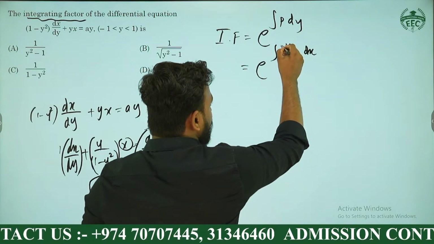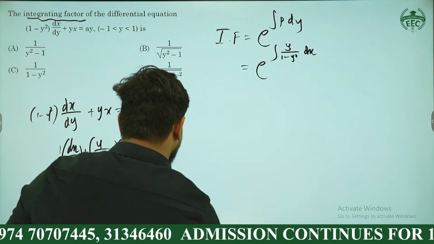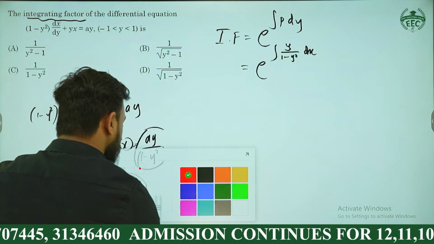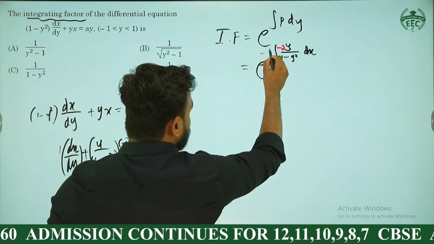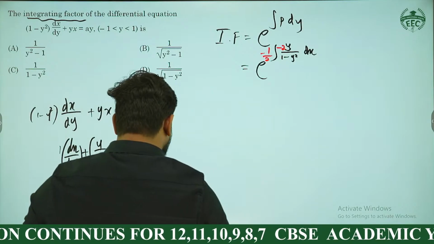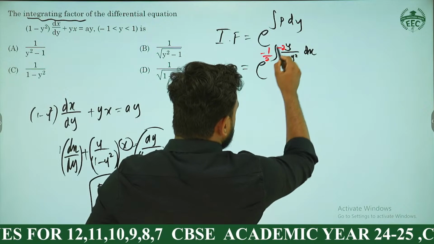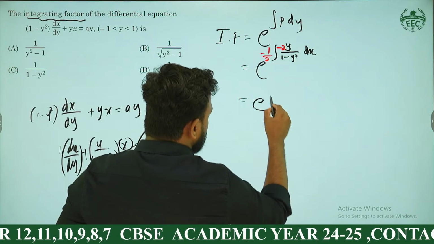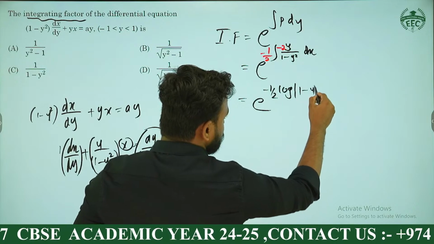If there is minus 2y, what happens? The derivative of the denominator is in the numerator, then we can integrate it more easily. So I put a minus 2 there and I compensate that with minus 1/2 here. Then the derivative of the denominator is there, so you will get e raised to minus 1/2 log mod the denominator.